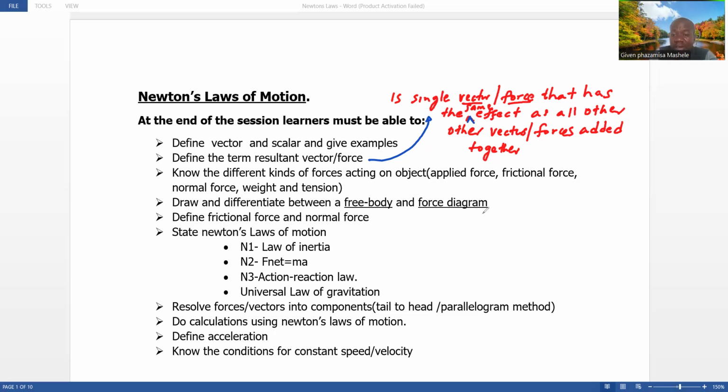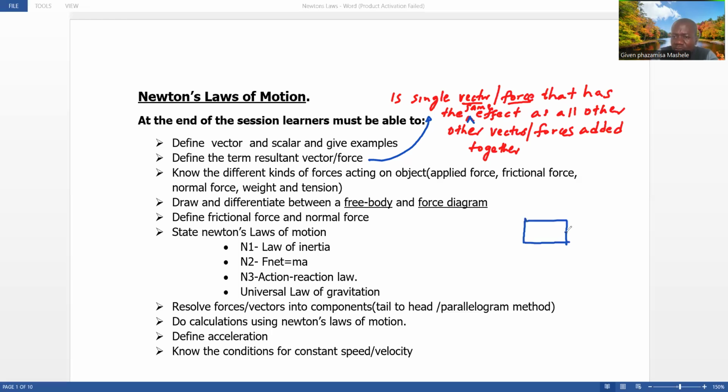Imagine, for example, I just want to give an example. We remember we spoke about a force. We said a force is a pull or a push. So let's say we have an object, and on this object, we only have two forces.